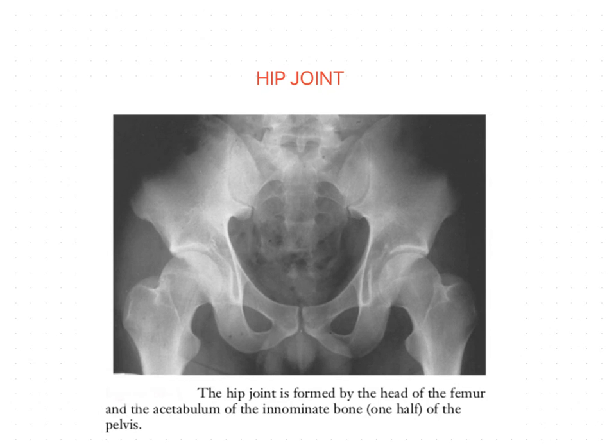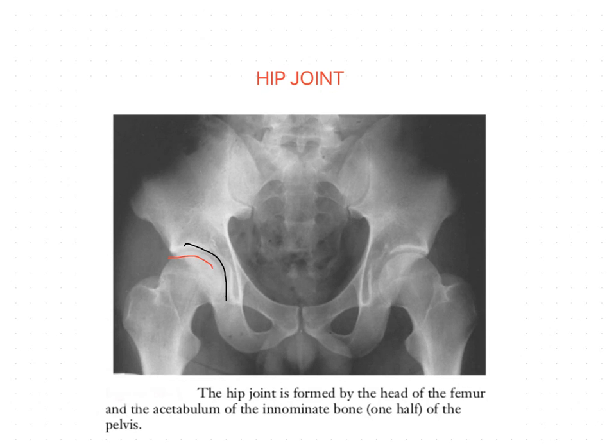And this hip joint has some similar features with that of the shoulder joint also. Why? Because the hip joint, or coxofemoral joint, is the articulation of the acetabulum with the head of the femur.